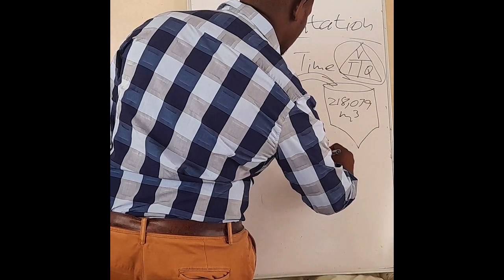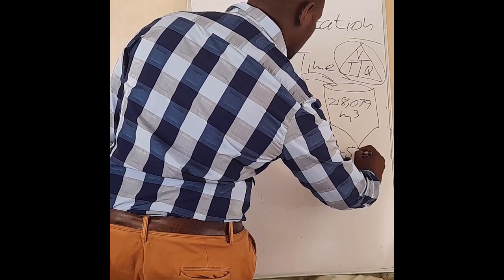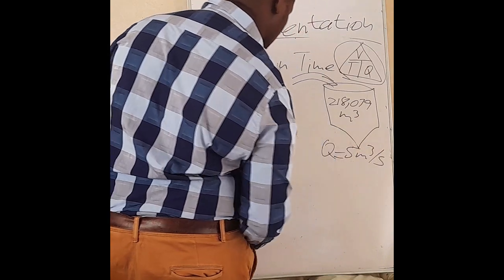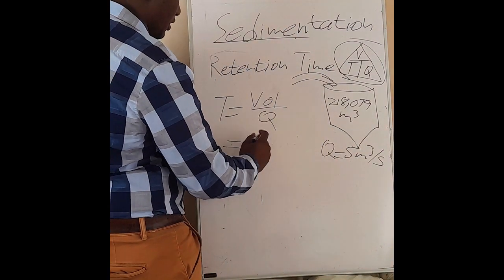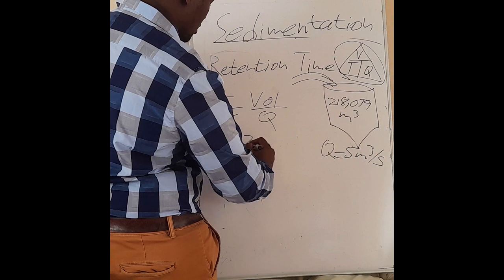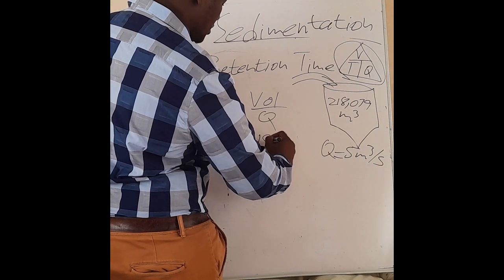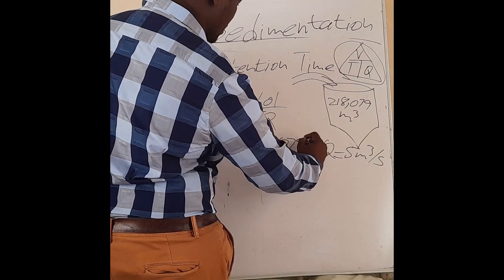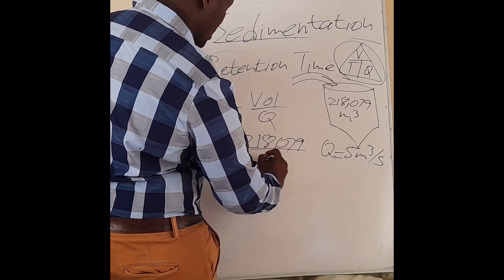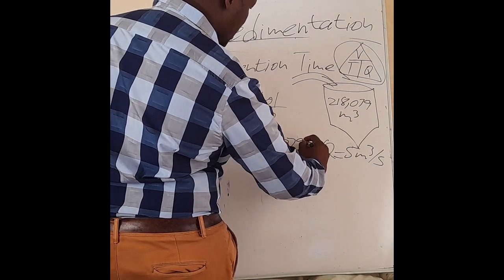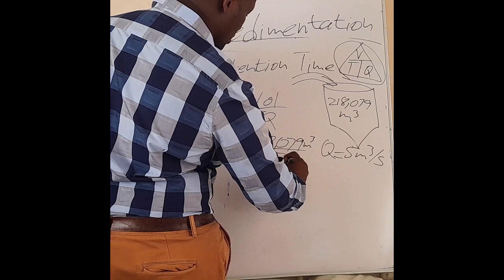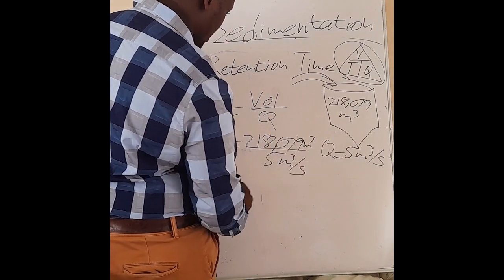Let's say we are given a flow rate of 5 meter cubed per second, okay. So we'll have 218.079 divided by 5, so that's meter cubed per second.